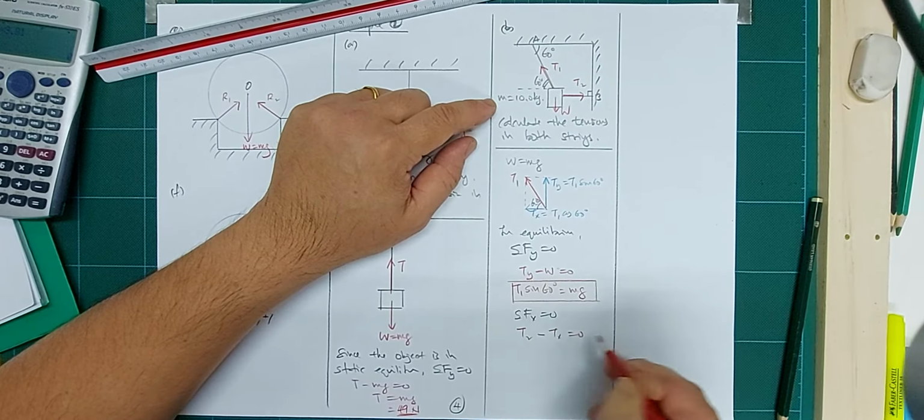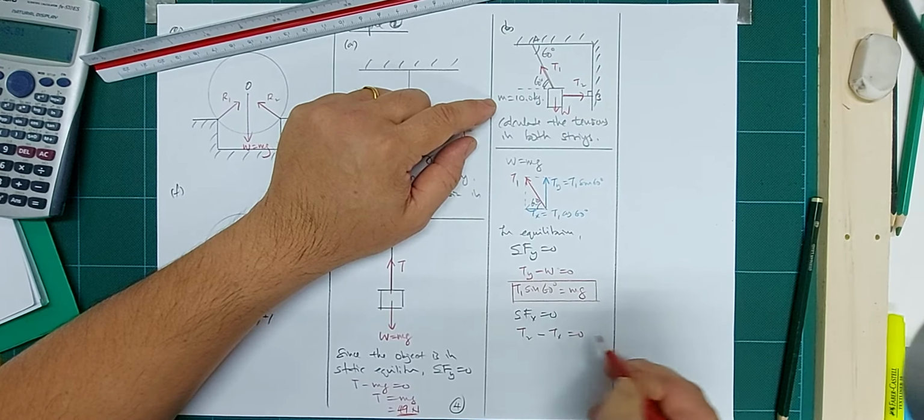Now this ladder here, I'll call this one A and this one B. The length of the ladder will be 6 meter and the weight of the ladder is about 25 kilogram.